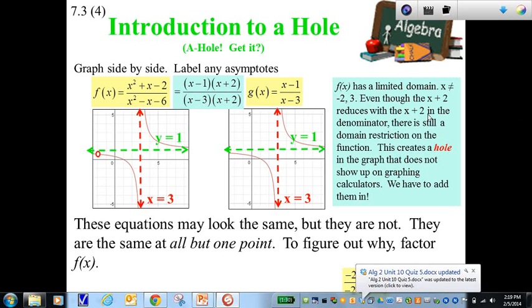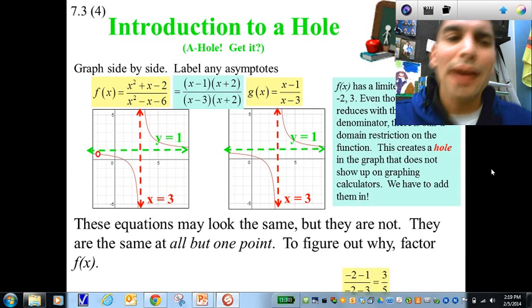By the way, where would this exist? Where is the hole? It's at -2, what? There's a way to figure that out. If I want to know where the hole is, all I have to do is plug in -2 into the simplified formula. Remember, these two things are the same.